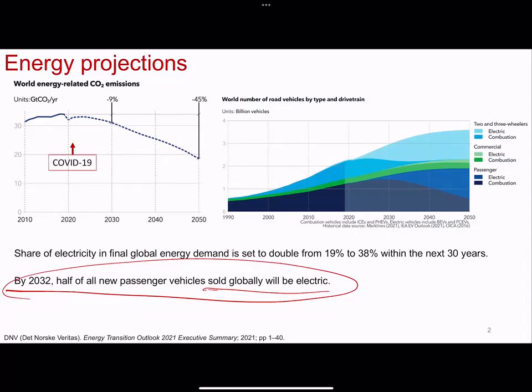And what we do now is going to have direct impact in 10 years' time.